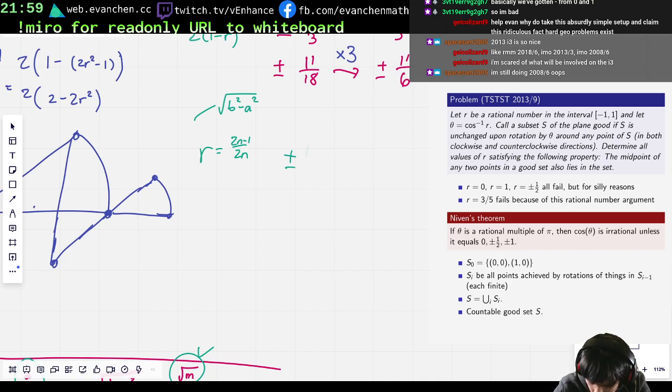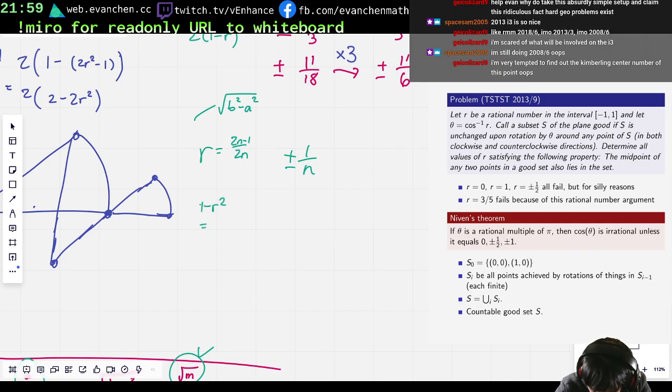No, 1 over n. And I can shift by... So 1 minus r squared is 2n minus 1. And so twice that is plus minus 4n minus 2 over 2n. Okay, so 2n squared. 2n minus 1. These are the things I can shift by.